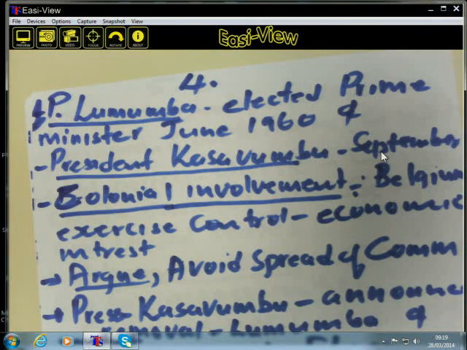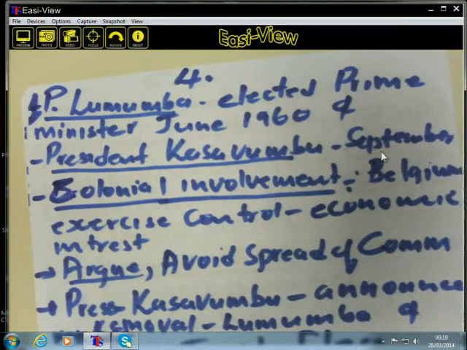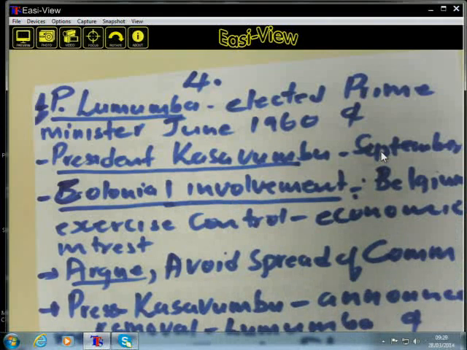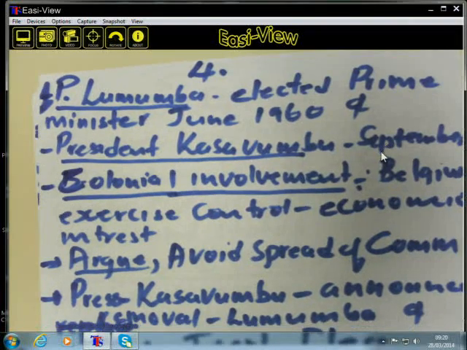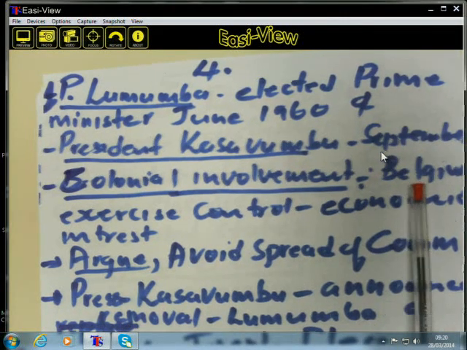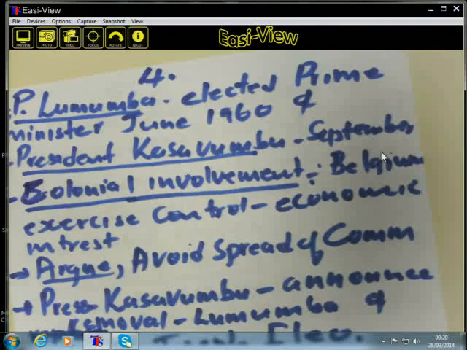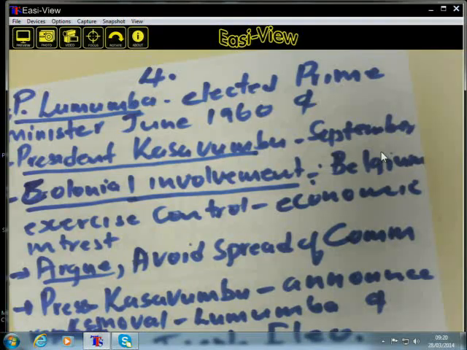Now, in Congo there was colonial involvement, whereby when Congo got independence, the Belgians did not want to give them full control.